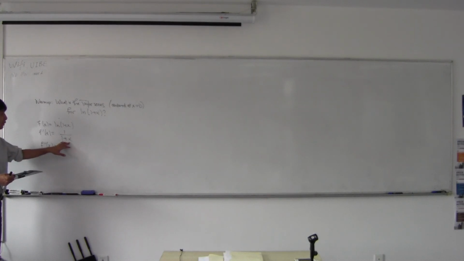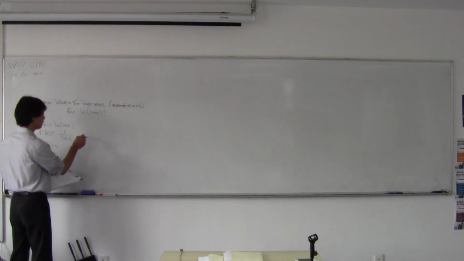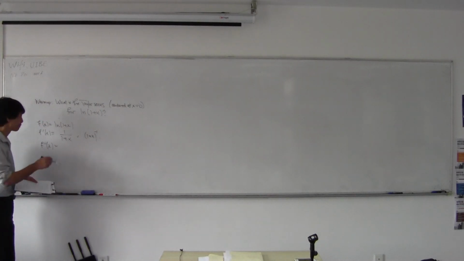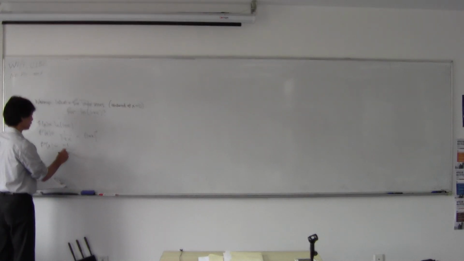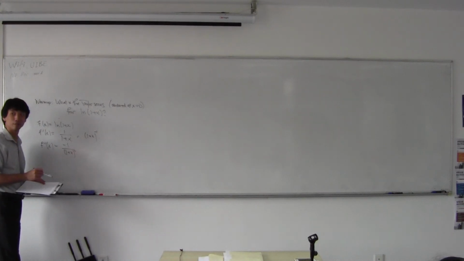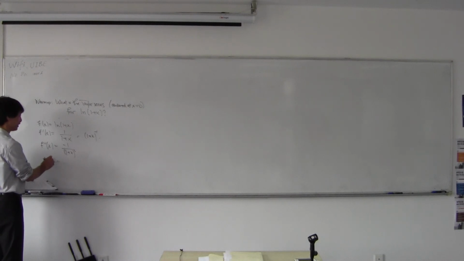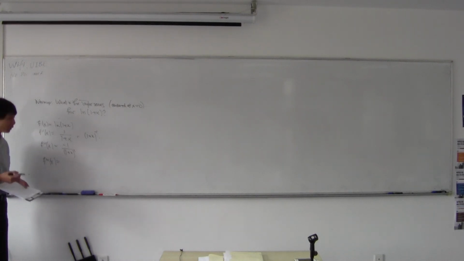Don't tell me you forgot how to differentiate. Okay, everybody go back to calculus 1. Right, this is 1 plus x to the negative 1. Negative 1 over 1 plus x squared. Okay, now even harder. Take the derivative of that. What do you get?